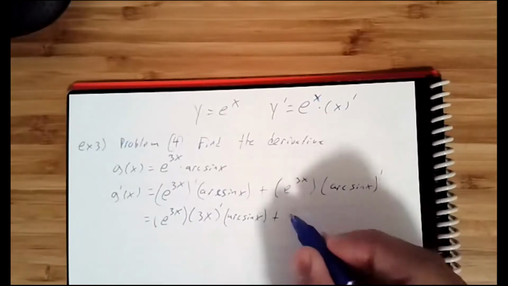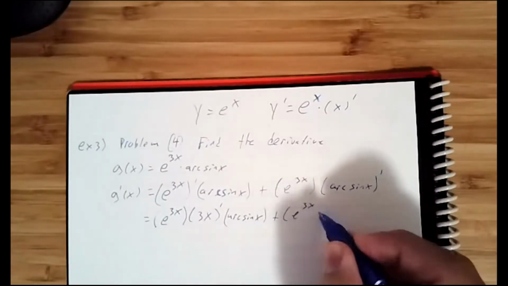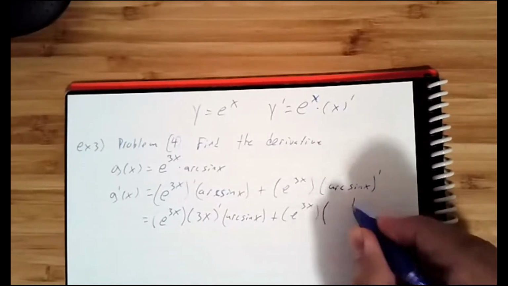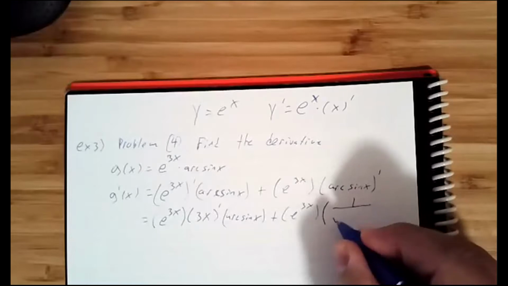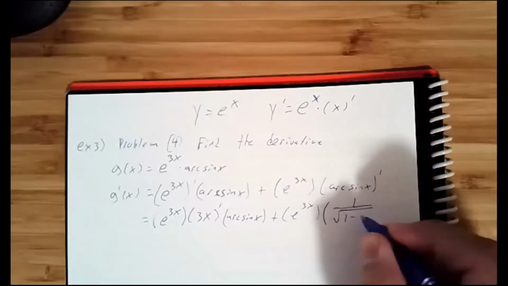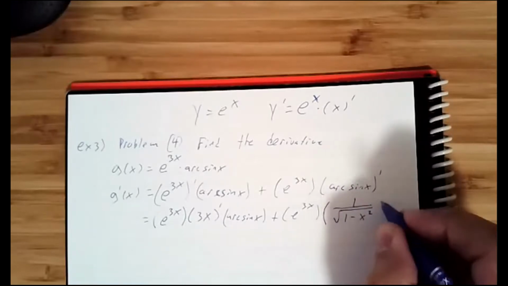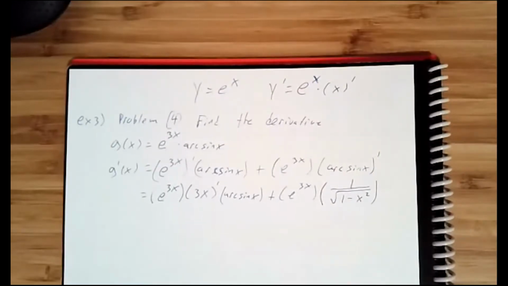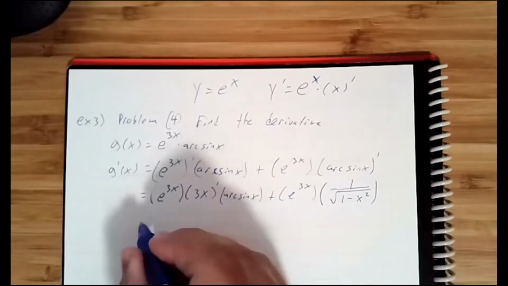All right, and then this guy is just e to the 3x, right? Derivative of this will be 1 over the square root of 1 minus x squared, right? So finally, get it all together.